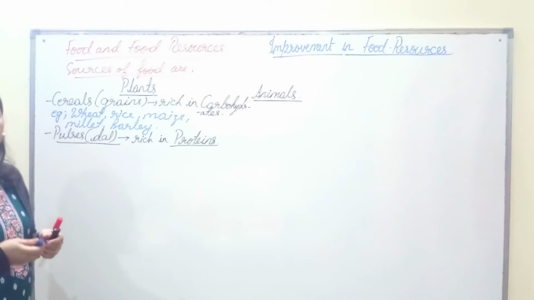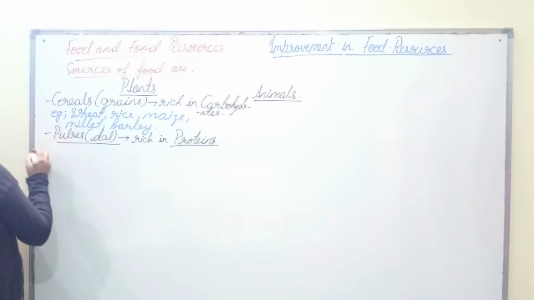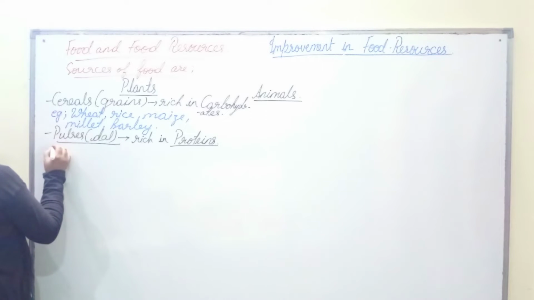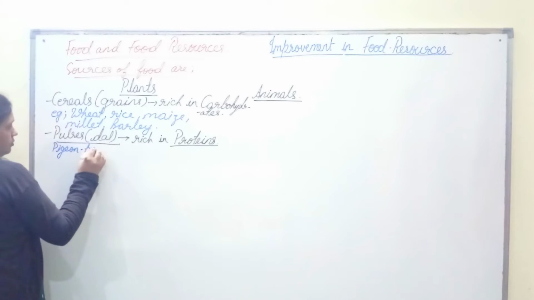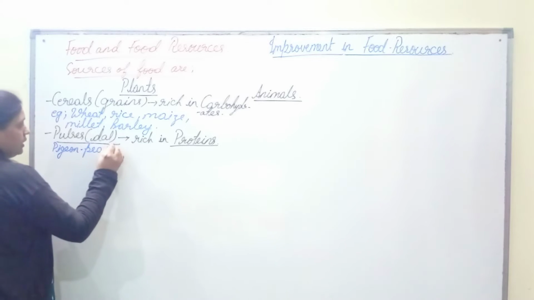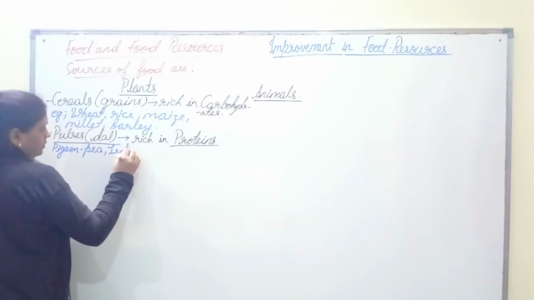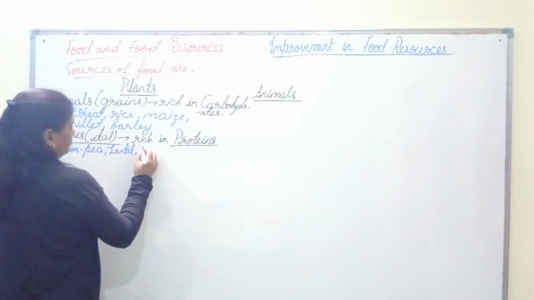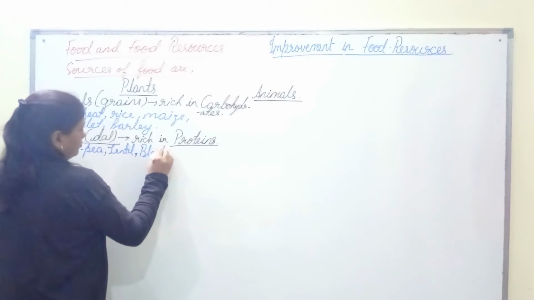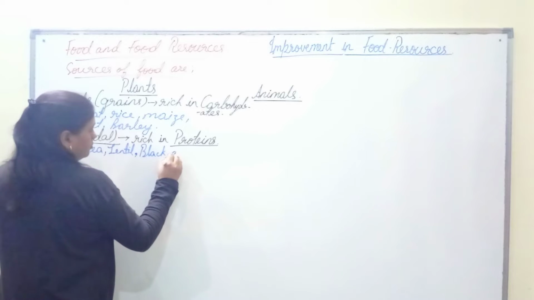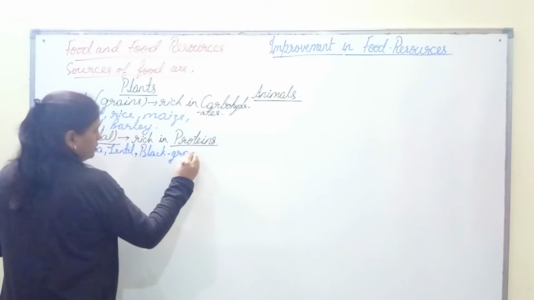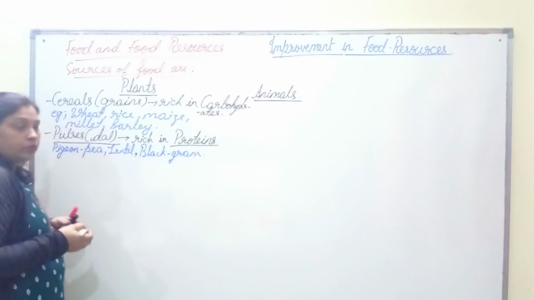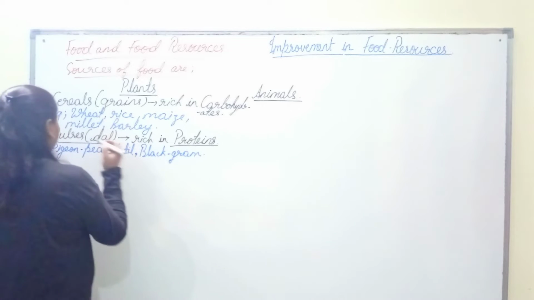And the examples of pulses are arhar dal, that is pigeon pea, lentil, that is masoor dal, black gram, that is black urad dal.